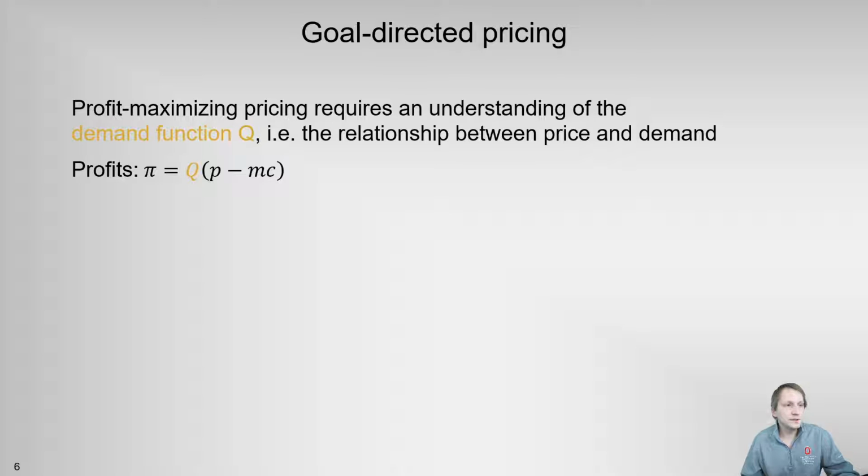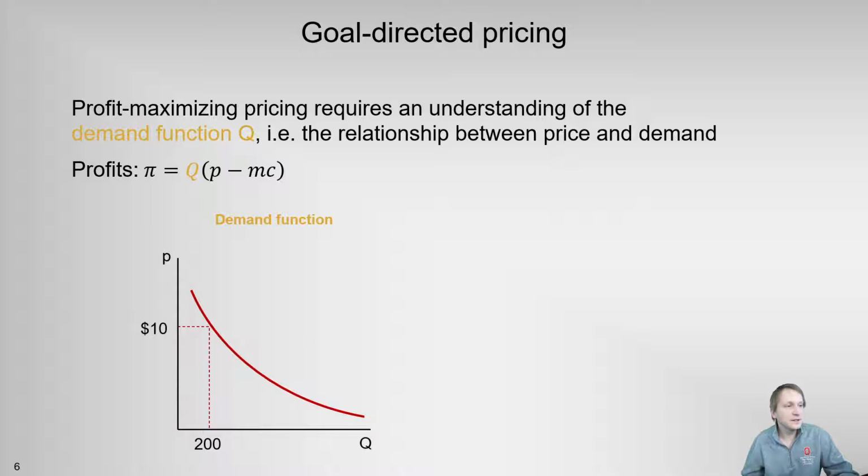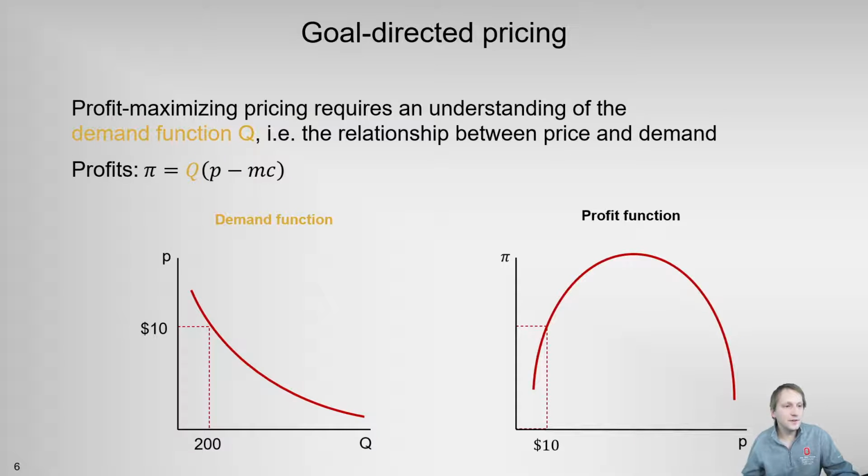Well, you need to understand the demand function that we typically call Q. So you need to understand the relationship between price and demand. If I change the price by a little bit, that's how much demand goes up or down. If you have an understanding of that, then you can draw out the demand function. And then if you know what your cost is and how the marginal cost develops as you're producing larger quantities, you can derive the profit function.